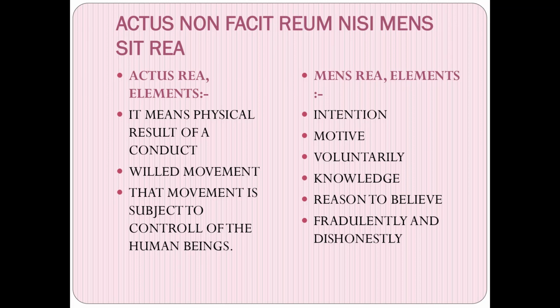So, to constitute a crime, this maxim is very important, as this maxim lays down two main elements, that is the mens rea and the actus reus. When both the physical element and mental element are clubbed together, then it results in a perfect crime.